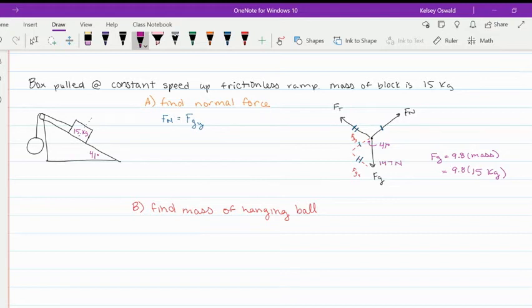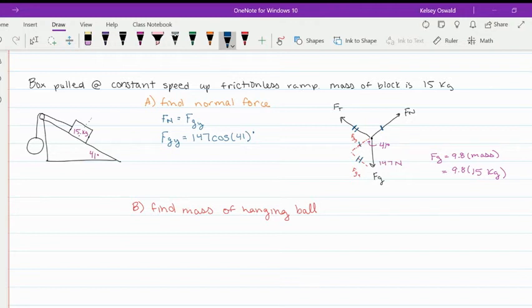Now that we know our overall force of gravity, we can see how much of that is acting in the Y direction. To find the Y direction, we are looking at the side adjacent to our angle. If I'm trying to find an adjacent side, I know I'm going to want to use cosine. So my force of gravity in the Y direction is equal to 147 times the cosine of 41 degrees.